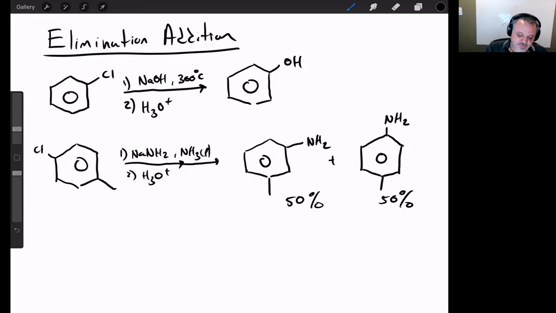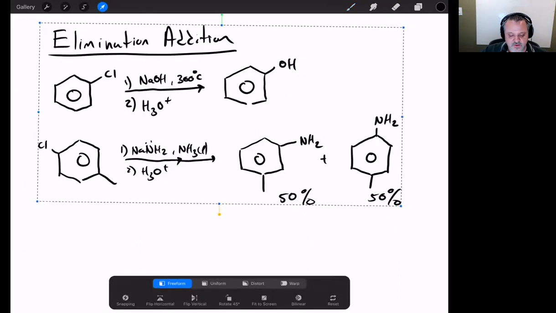I could show the mechanism with the amide acting as a powerful nucleophile, but I can't then explain the regiochemical outcome of the 50-50 mixture of meta and ortho products with the same mechanism that I just showed you. You can show the nitro group being an electron sink in the ortho position and the para position, but not in the meta position.